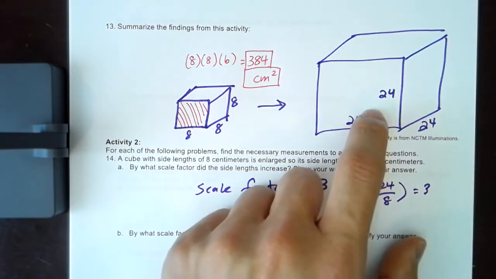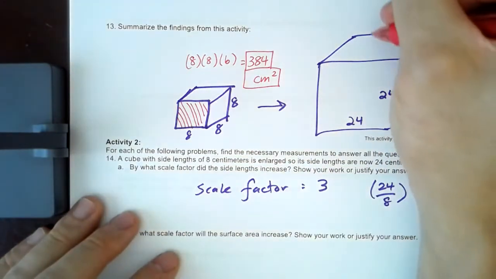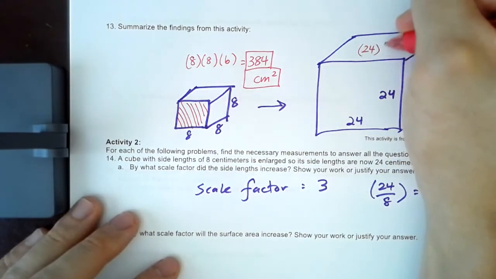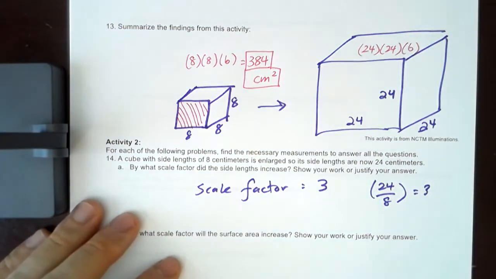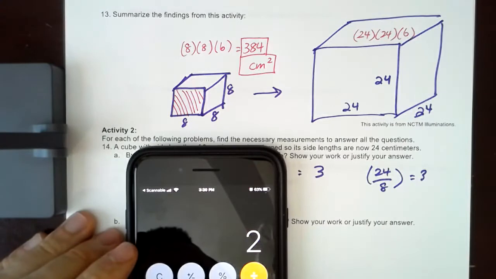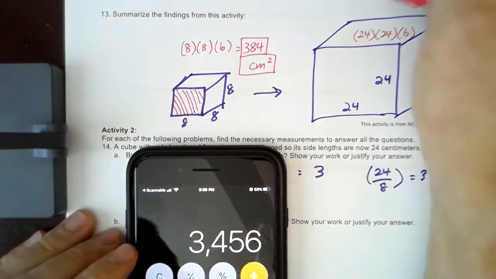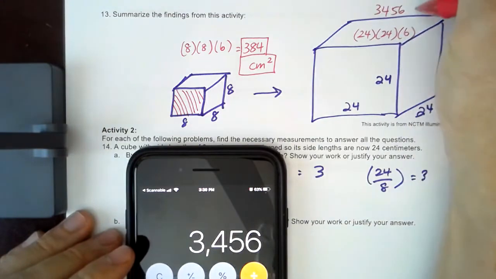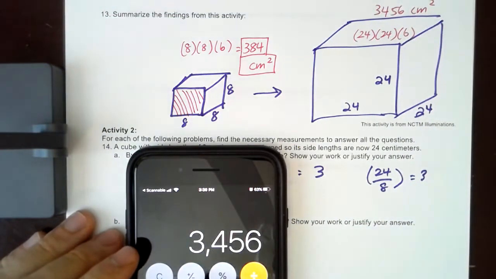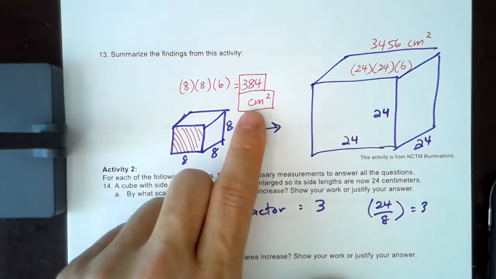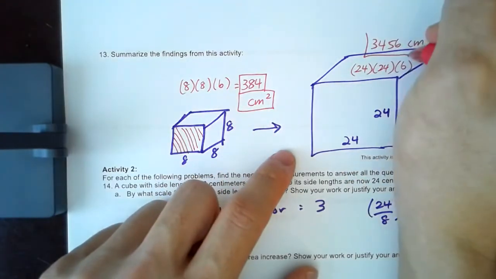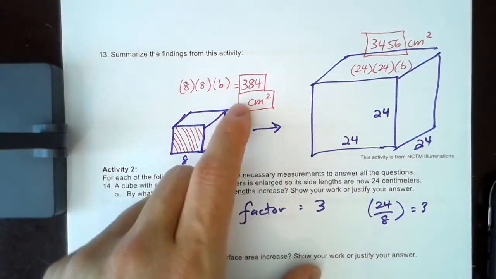Now, let's go ahead and do the same with this. All right, this is going to be a lot bigger. It's 24 times 24 times 6. Again, the 6 is because there are 6 faces. 24 times 24 times 6 is 3,456 centimeters squared. Now, how many times bigger is 3,456 comparatively to 384?